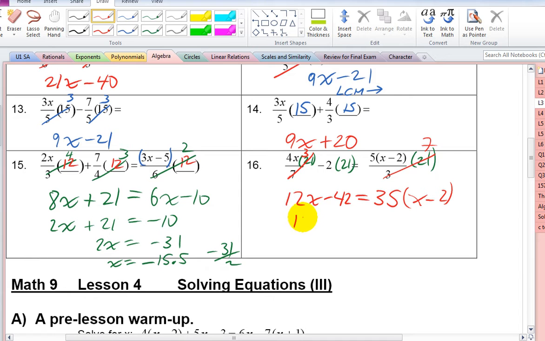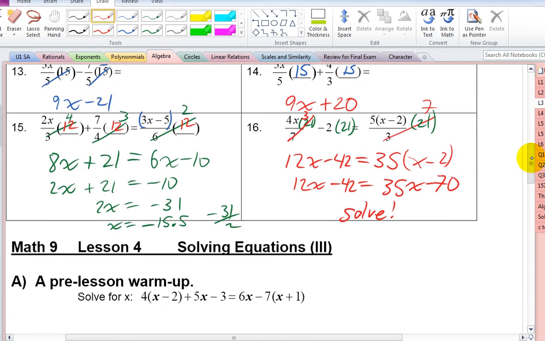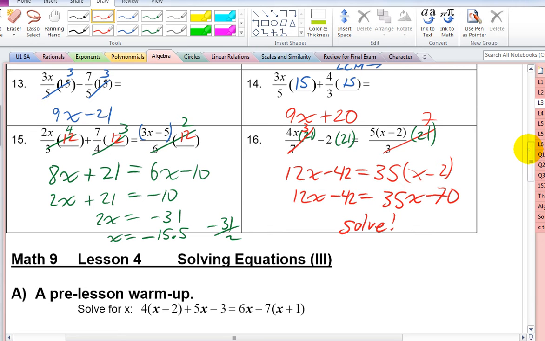So we get 12x minus 42 equals 35x minus 70. And now it's just like yesterday. Okay, don't solve that one. We'll leave that one there for time's sake. Okay. So now you could solve. So that's what you just did. 15 and 16. Those are the two hardest questions that you're going to see today.